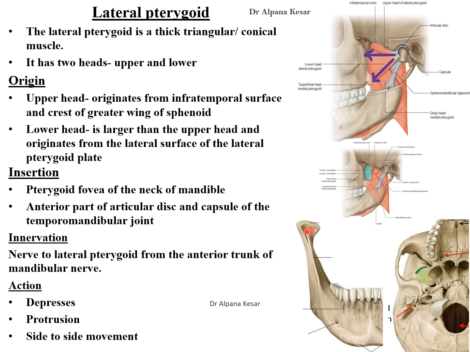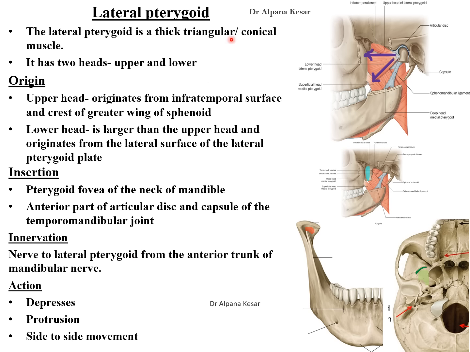It also gets inserted in the anterior part of the articular disc and the articular capsule of the temporomandibular joint. Innervation of lateral pterygoid muscle is by nerve to lateral pterygoid, which is a branch of anterior trunk of mandibular nerve.